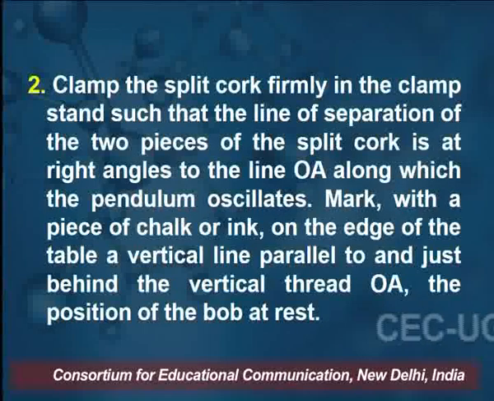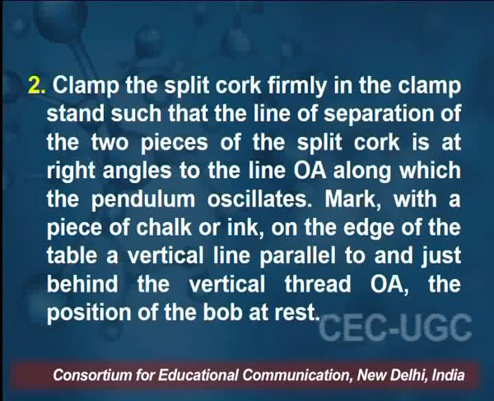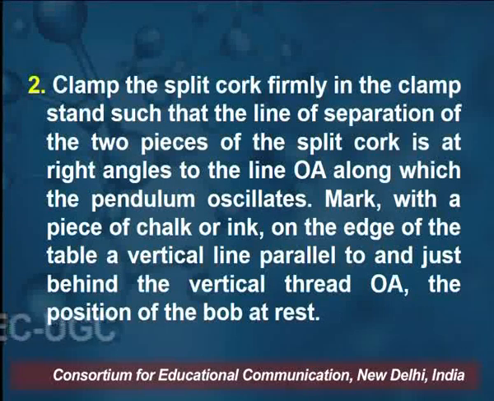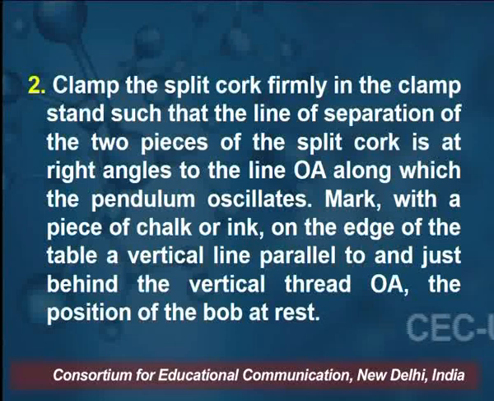Now clamp the split cork firmly in the clamp stand such that the line of separation of the two pieces of the split cork is at right angle to the line OA. That means it should be in a straight line. There should not be any damage or crack in the string, so that it can move smoothly.